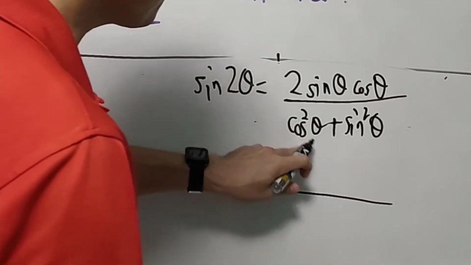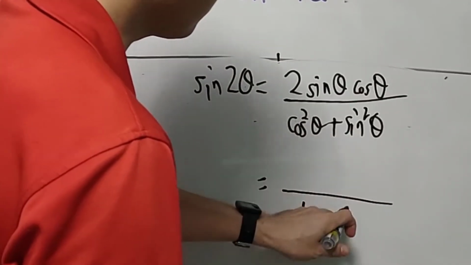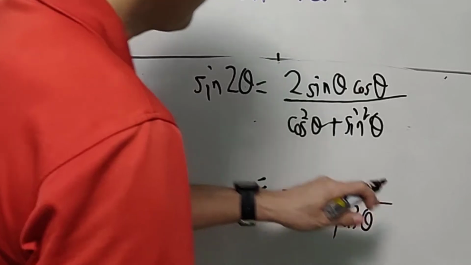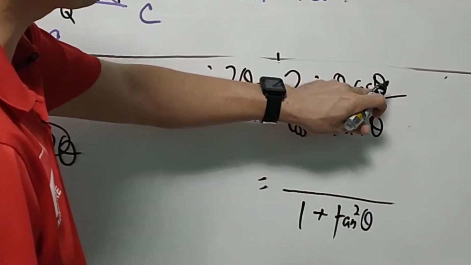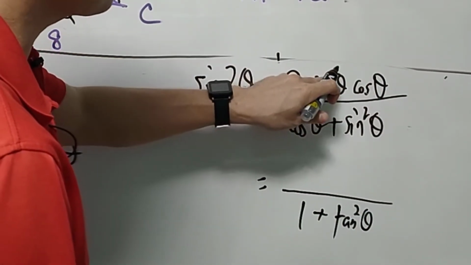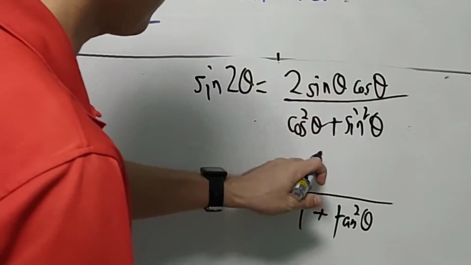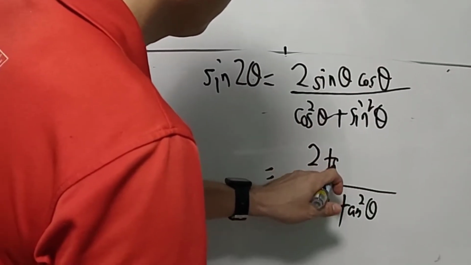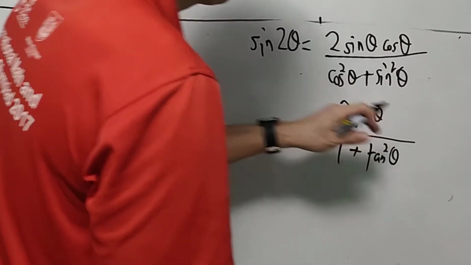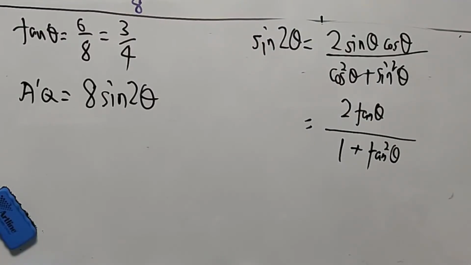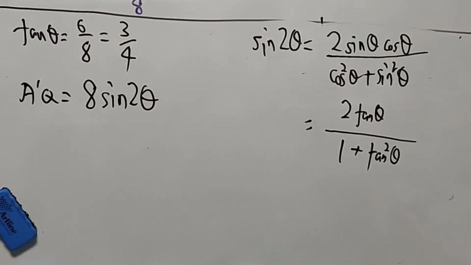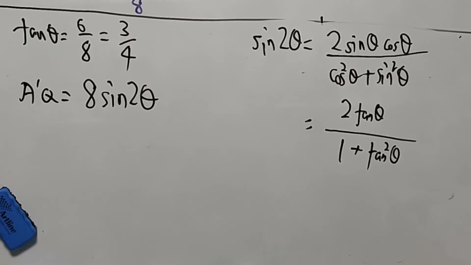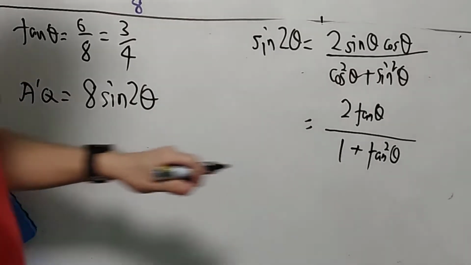When you divide by cosine square, this is 1 and this is tangent square. In the numerator, one cosine cancels off and there's another sine over cosine, that is tangent. So with this, we just prove the identity sine 2 theta equals 2 tangent theta over 1 plus tangent square.